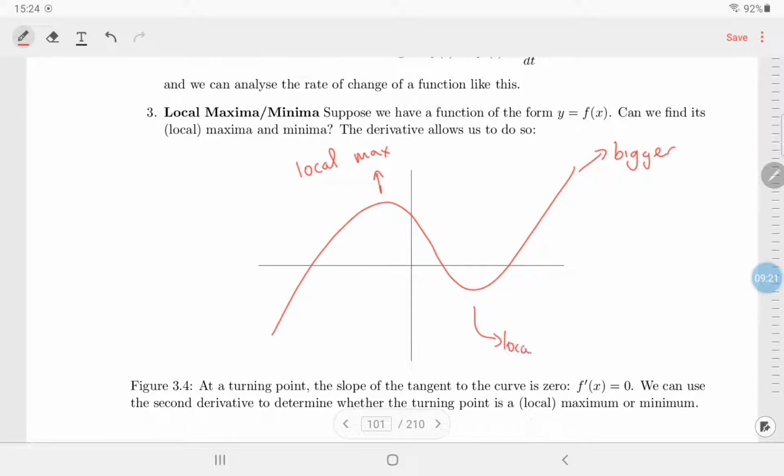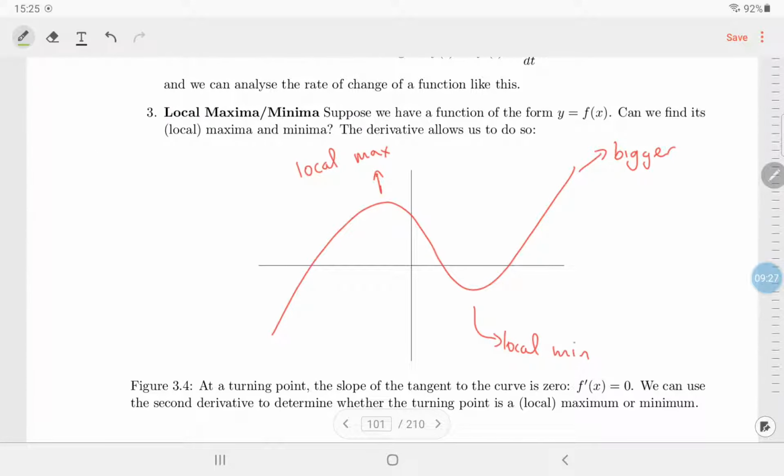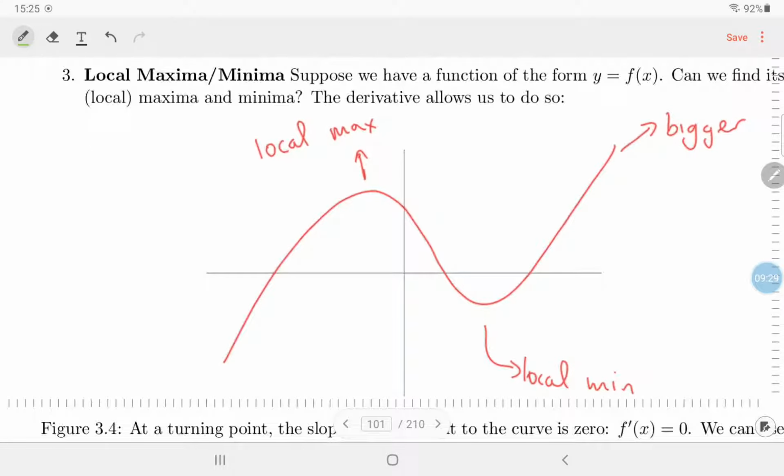And often in applications, the local max and the global max coincide. So if you want to find out where these are, well, if you ever climb up a mountain, you go up to the top and the mountain is flat. It couldn't be still going up, because then you wouldn't be at the top yet. And it couldn't be going down, because then the top would be behind you. At a peak, it has to be flat.